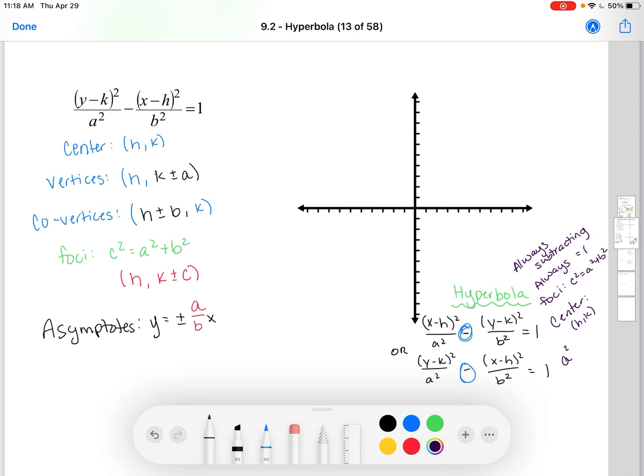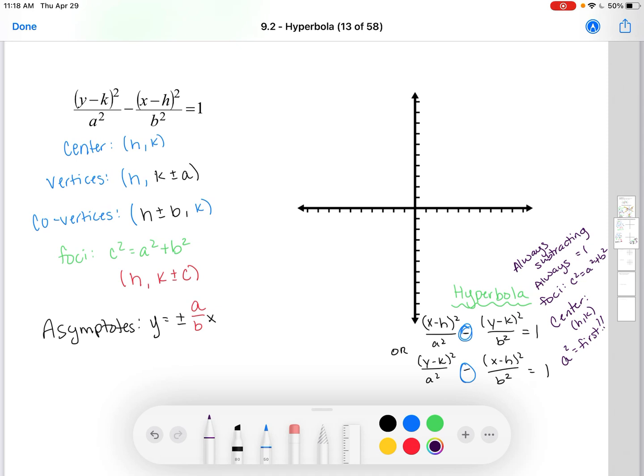And again, just to reiterate from the ellipse as well, a squared is always the biggest. And actually, I'm going to take that back. A squared is not always the biggest for this example. A squared is actually going to be first. So that is something that's a little bit different.